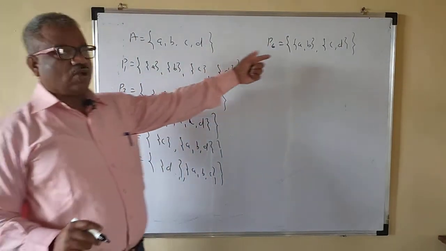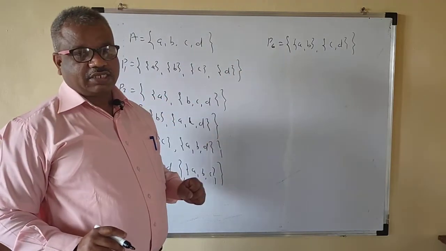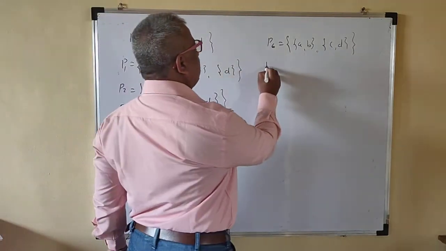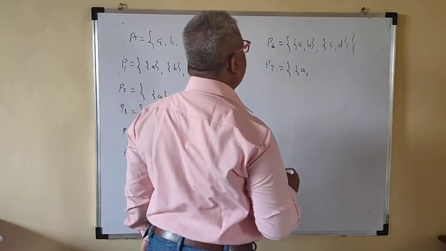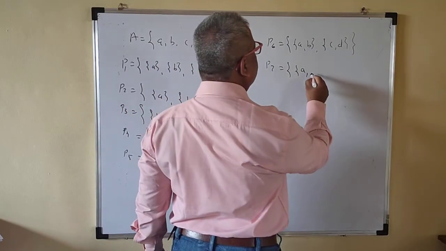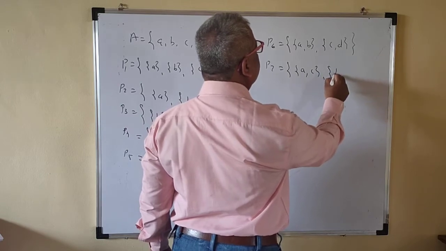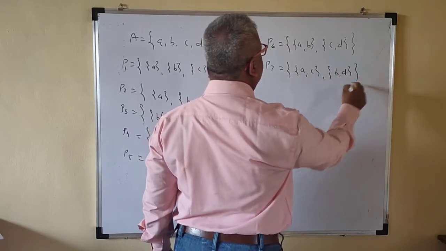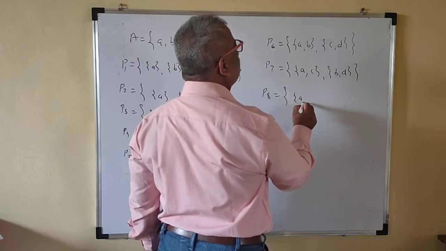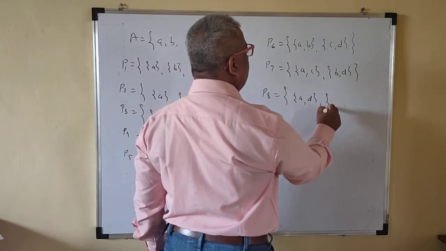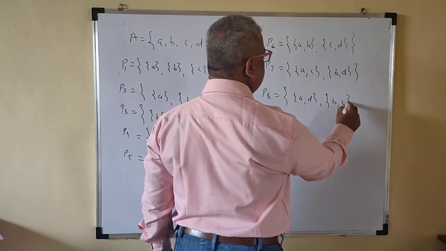See here, the union is all of set A and the intersections are empty, right? Again I can write ac and bd. Again I can write ad and bc.